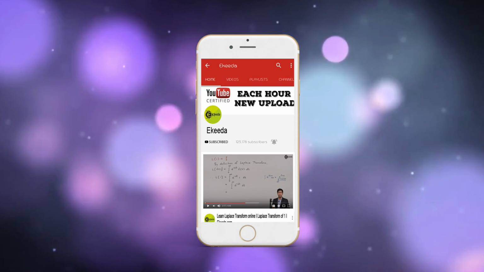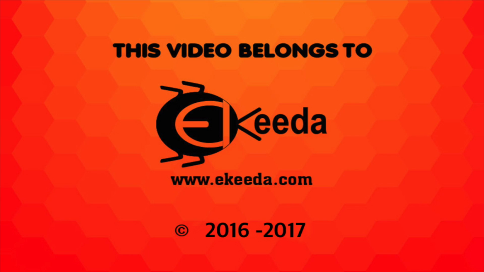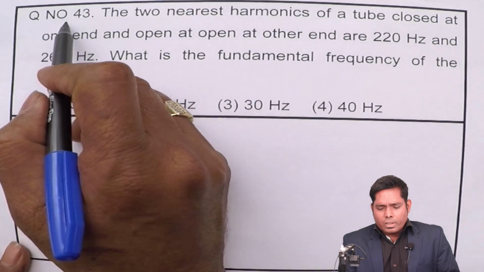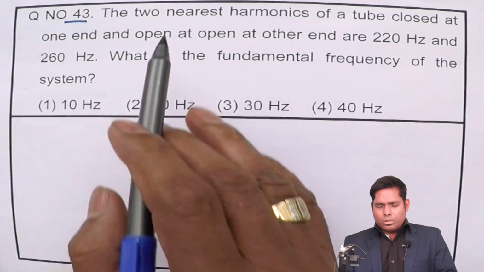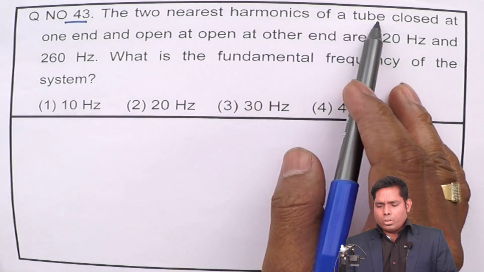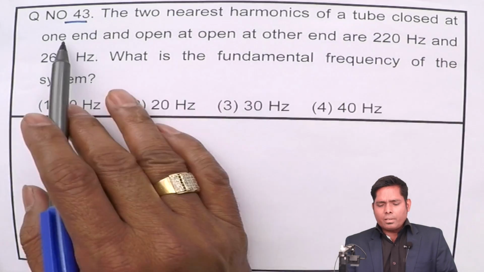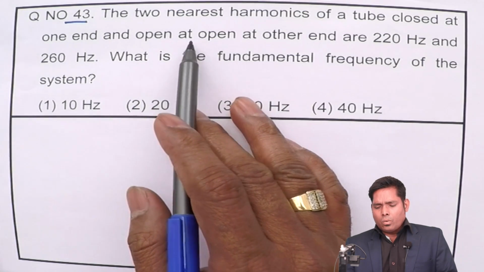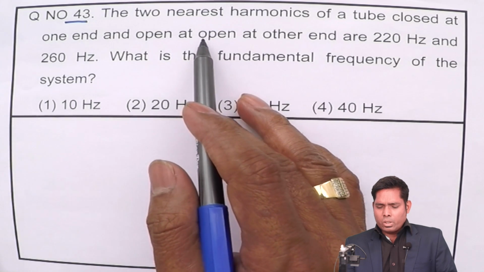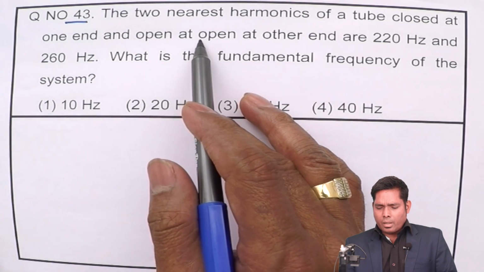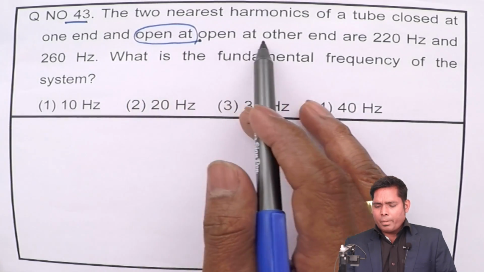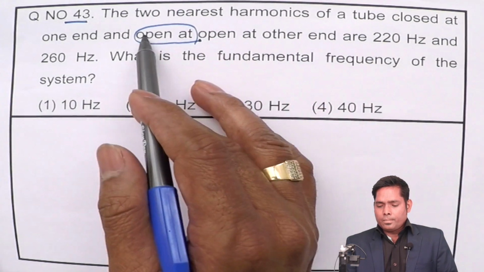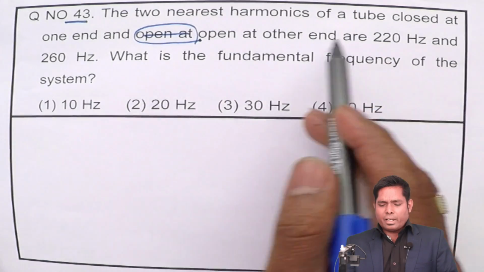Hello students, let us solve question number 43 of NEET physics paper 2017. The two nearest harmonics of a tube closed at one end and open at the other end are 220 Hertz and 260 Hertz.